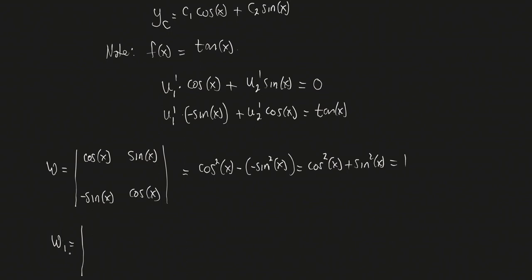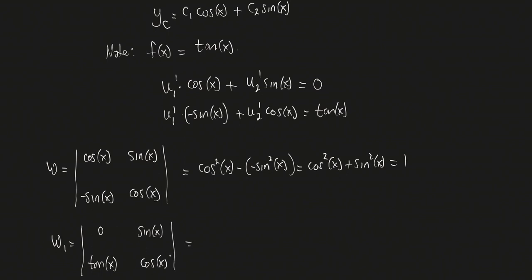I'm still using the subscripts that we normally use. So we're going to replace the first column with the column 0, tangent. So 0, tangent of x, and then the second column stays the same. So we have the sine of x and then the cosine of x.